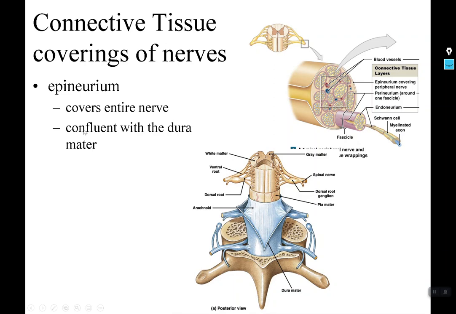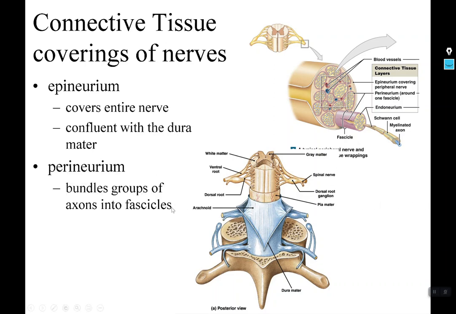So it's not the case that as you exit the spine via the intervertebral foramen pictured here, you just stop having a meningeal covering or any covering at all. Instead, all of the special meningeal layers go away, but the connective tissue that makes up the dura continues to ensheath the nerve for protection.